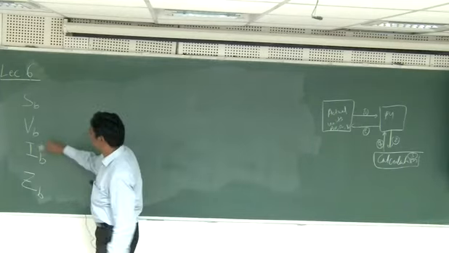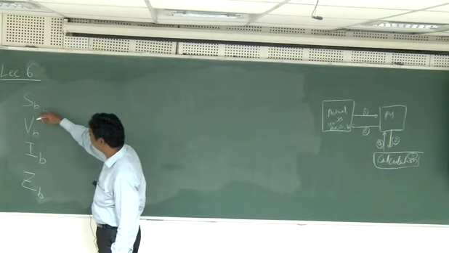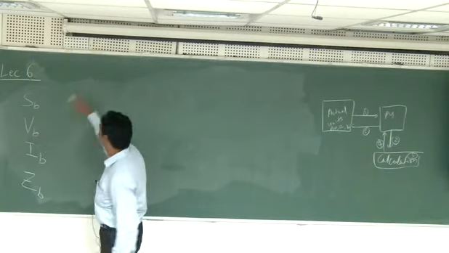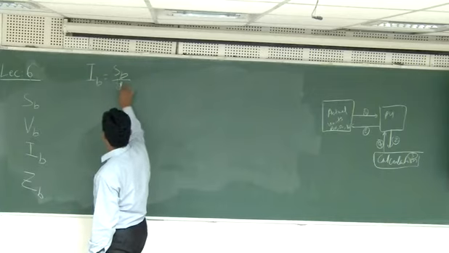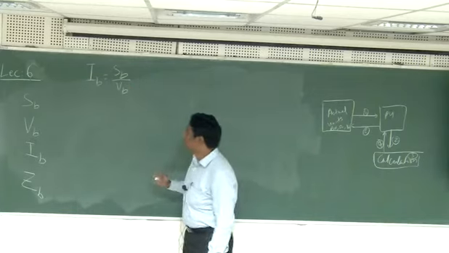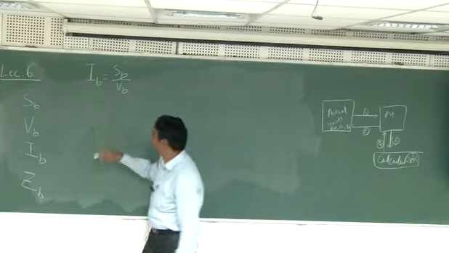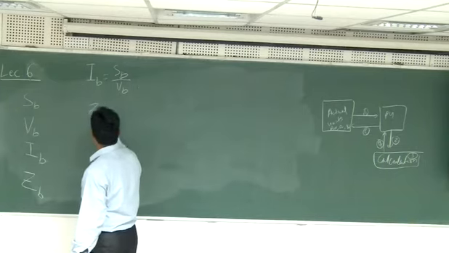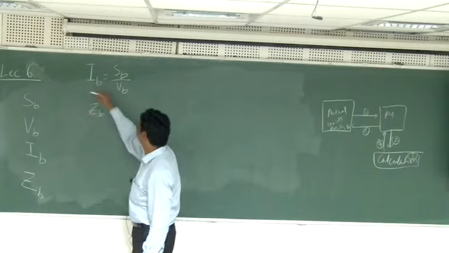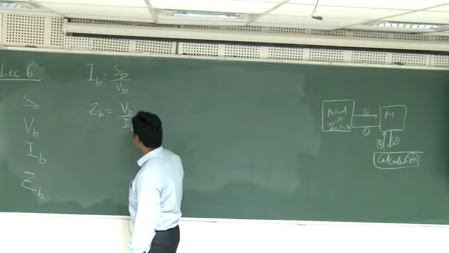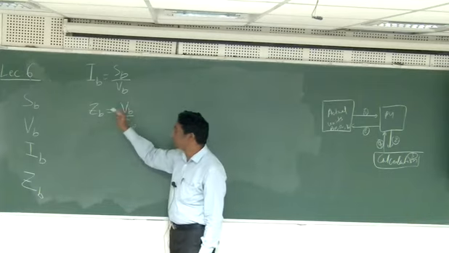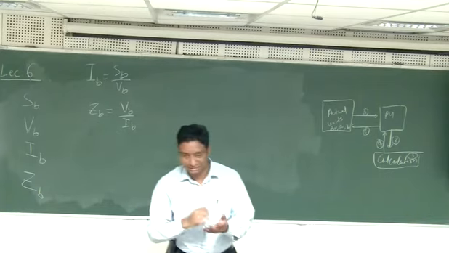So V into I is S, therefore I is S by V. Simply, current base will be S base by V base. Once I define these 2, I know I base also. And what is impedance base? This is just simply Ohm's law: resistance is voltage by current.